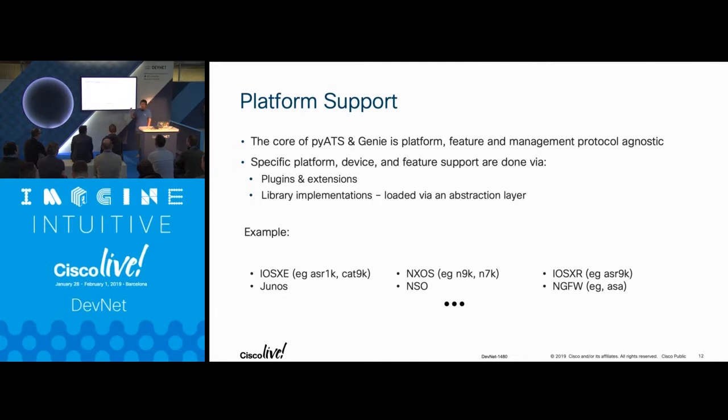So the core itself is agnostic. As an example, we support plenty of devices, but we can also support third-party devices, or I shouldn't say this, but competitor platforms. Everything is agnostic. Everything comes in via a plugin, via library dynamic loading. It's all built into the infrastructure.